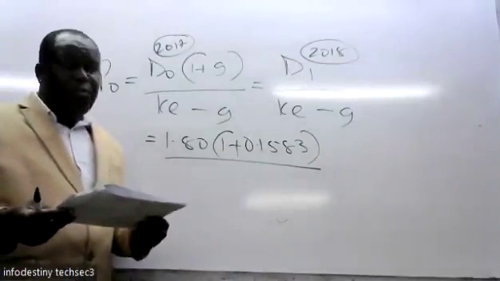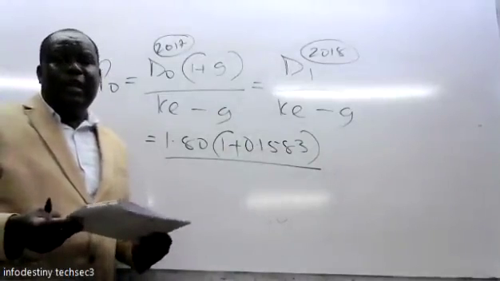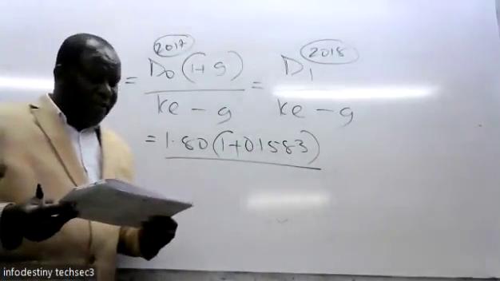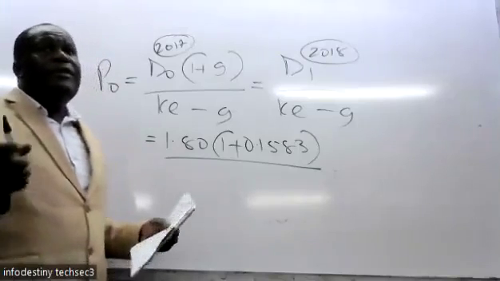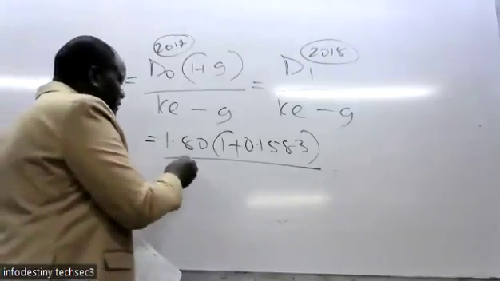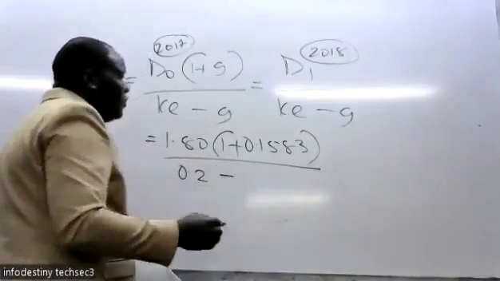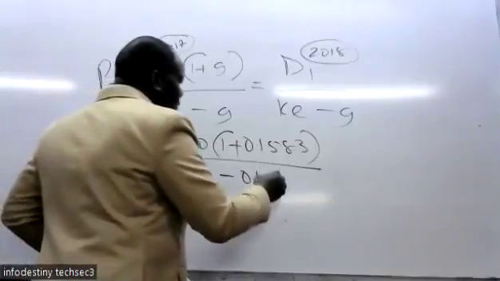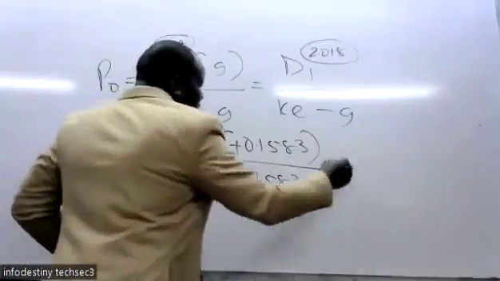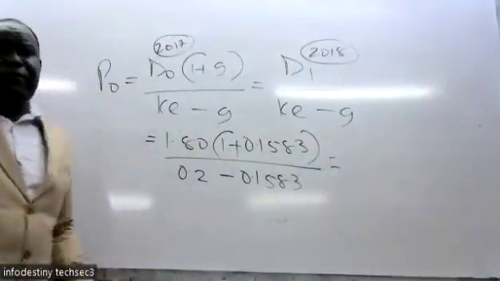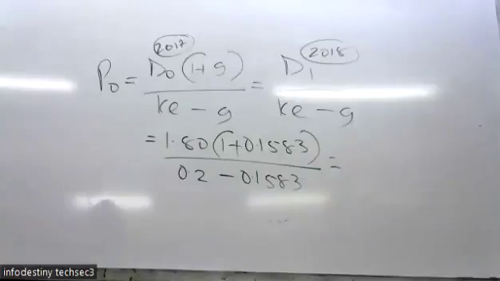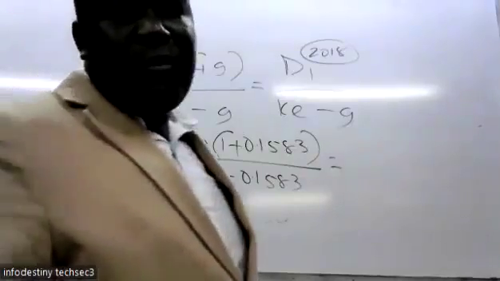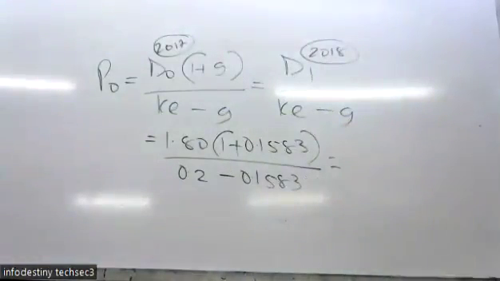Go to Note 2, where they have stated the investors' required rate of return. It is 20%, which is the same as 0.2. Subtract 0.1583, so that we now get the value of the share.